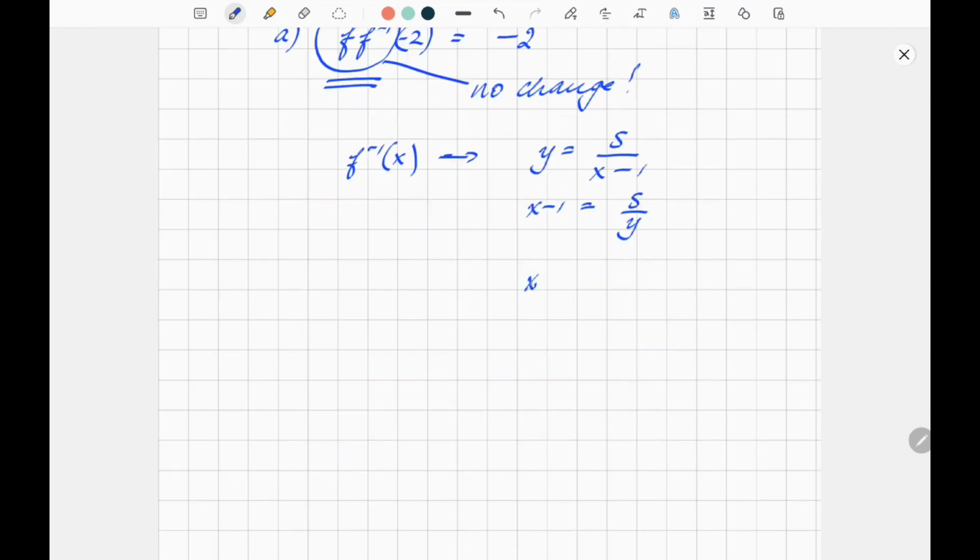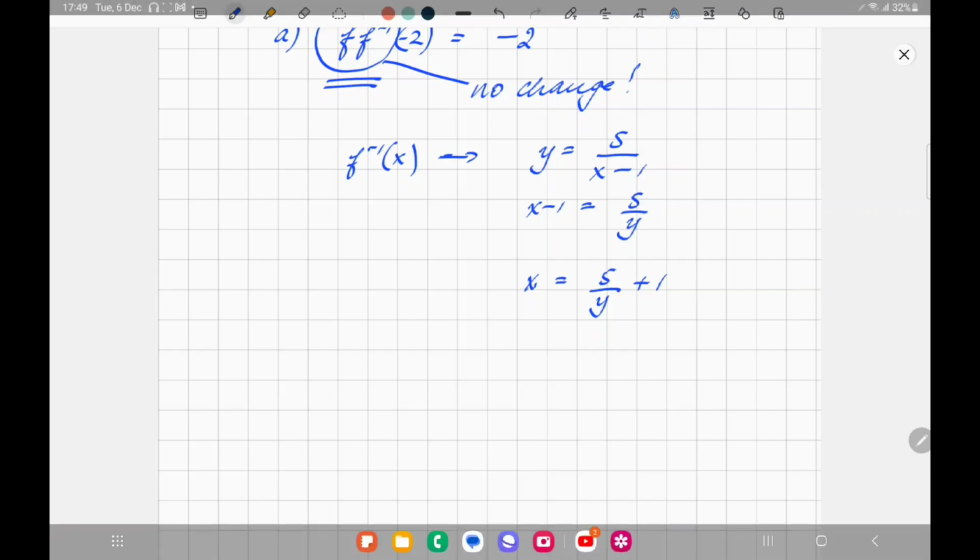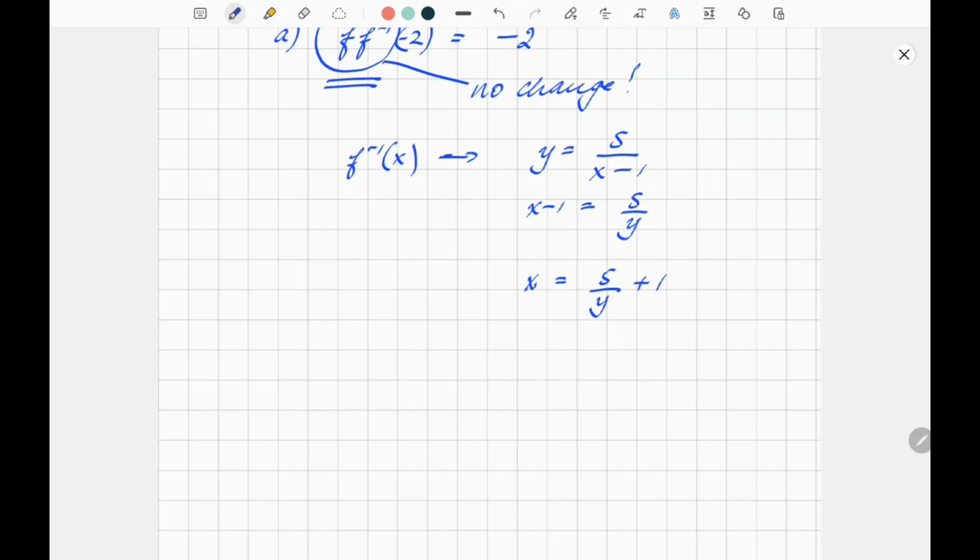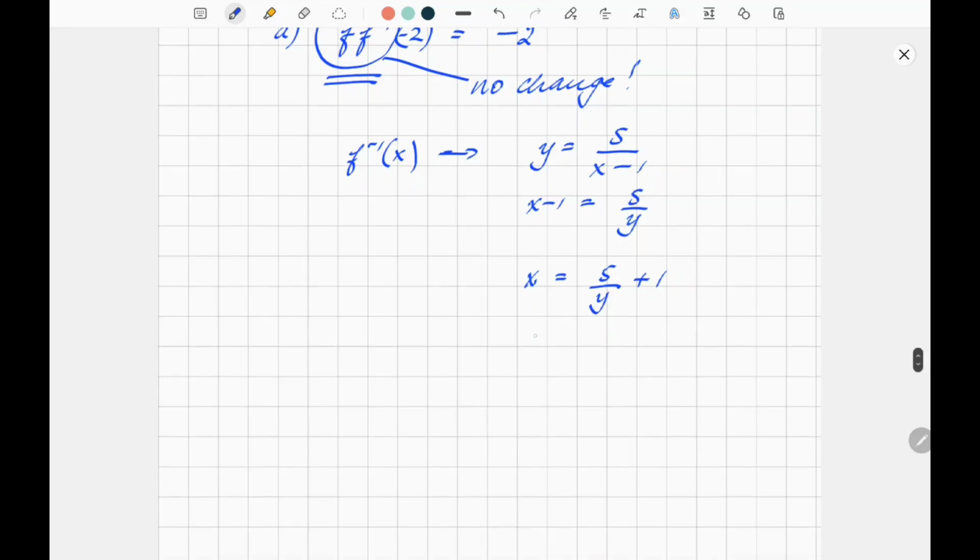So the next bit is x equals 5y plus 1. All right? And I want to swap the x and the y. The reason I've gone silent is that it's giving me an unexpected result.